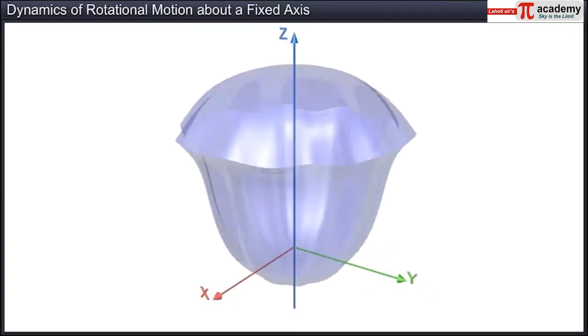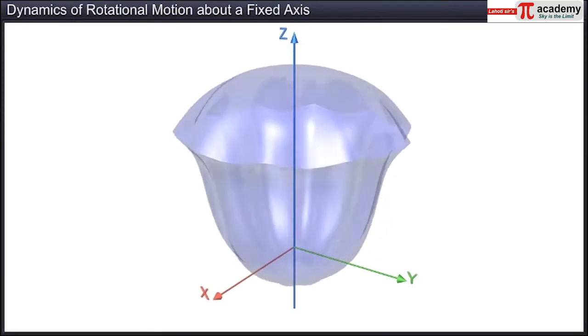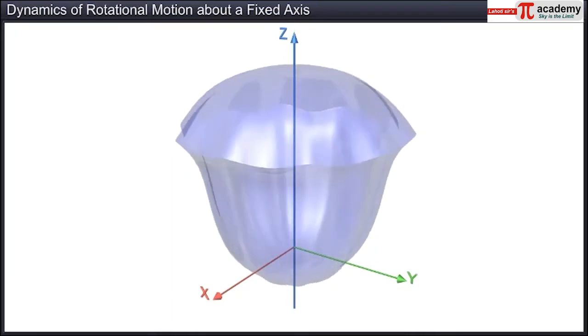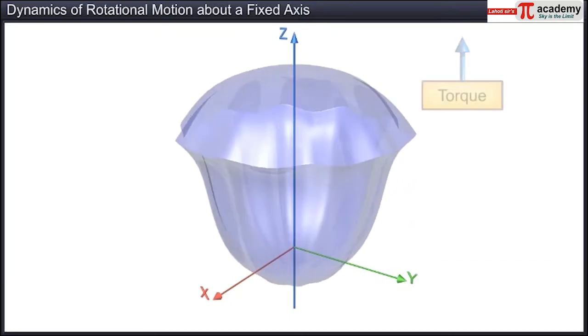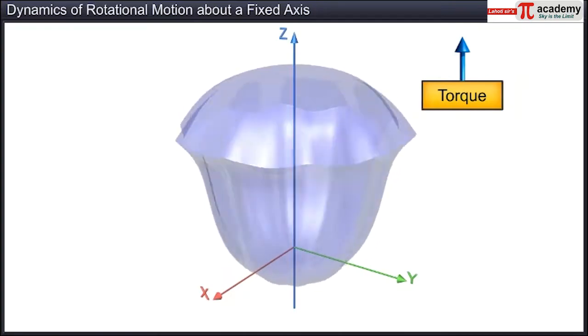For simplification purposes, we will consider the rigid body to be rotating about a fixed axis. As the axis is fixed, only the components of torque which are along the axis of rotation can cause the body to rotate about the axis.